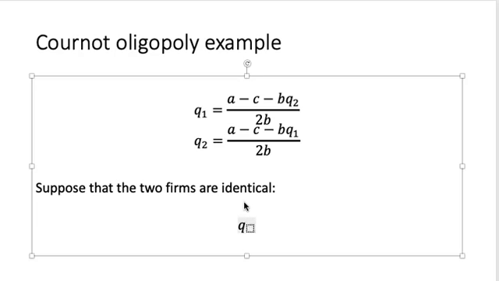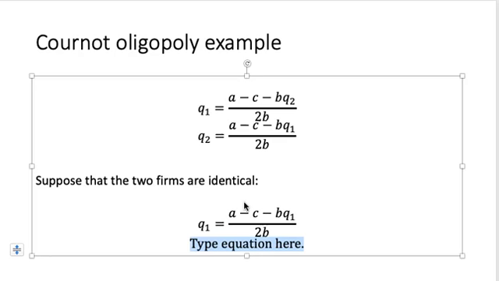So if we look at firm 1's reaction function, it's going to be A minus C minus B Q1 over 2B. Then solving for Q1, you have 2B Q1 equals A minus C minus B Q1.